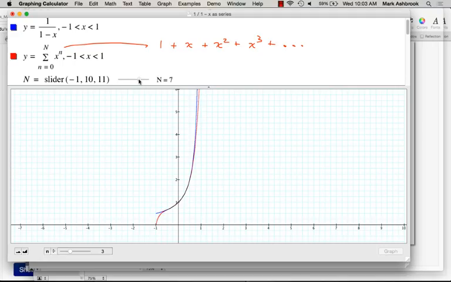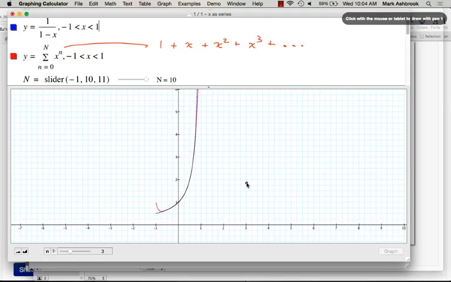So by the time I get to 7. So here's n equals 10, and it just flips off a little bit there at about negative 0.8 or negative 0.9. But the rest of it is pretty close.